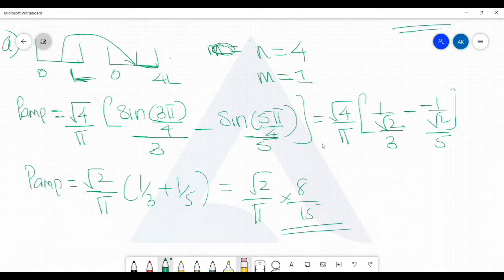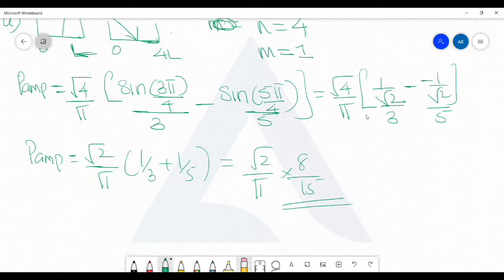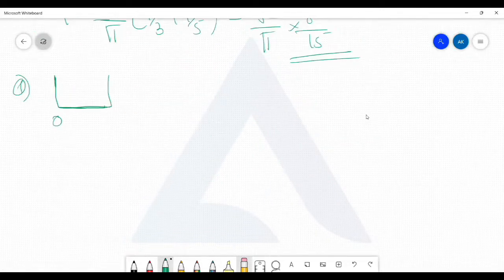Okay. The last question. Let me give a question on transition to a higher state. Now, let your box have length 0 to L. Suppose it is stretched to 0 to 2L, and the particle is in the first excited state.